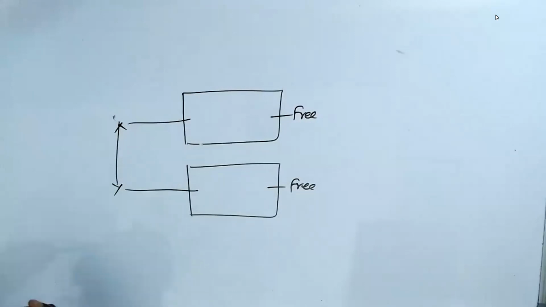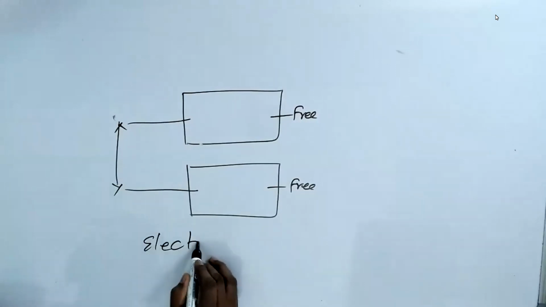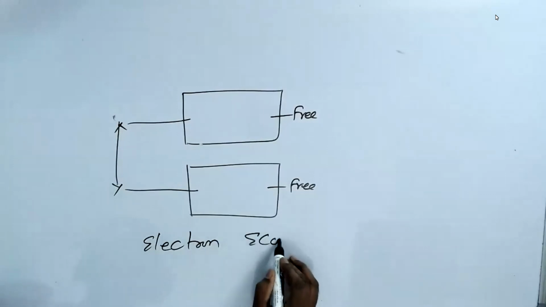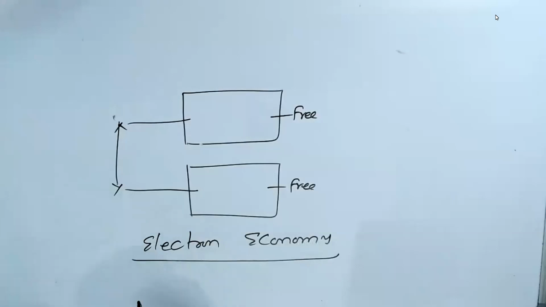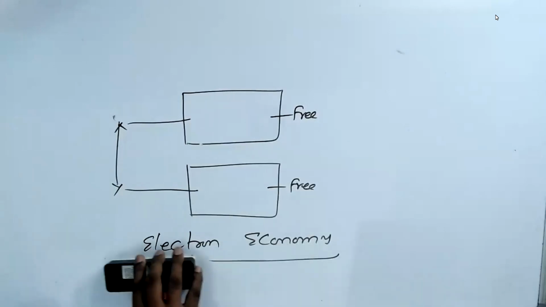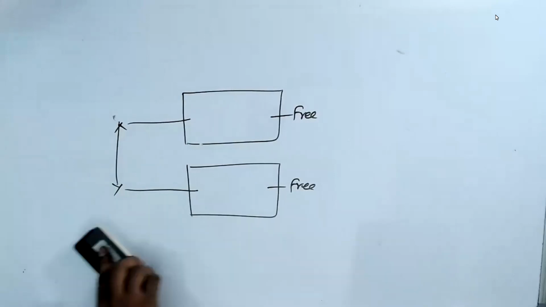So normally I can call this an electron economy. Like we have a money economy, or currency economy, but we can call this an electron economy. So everything is about the electron.